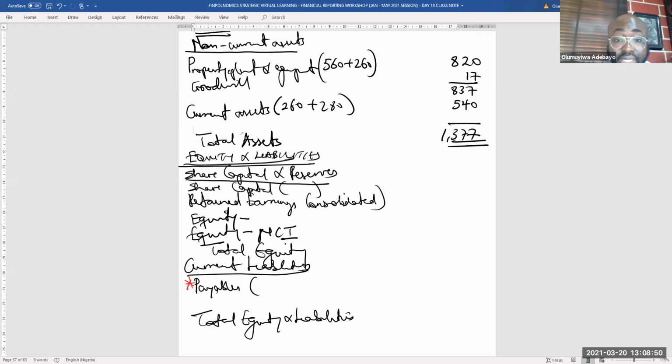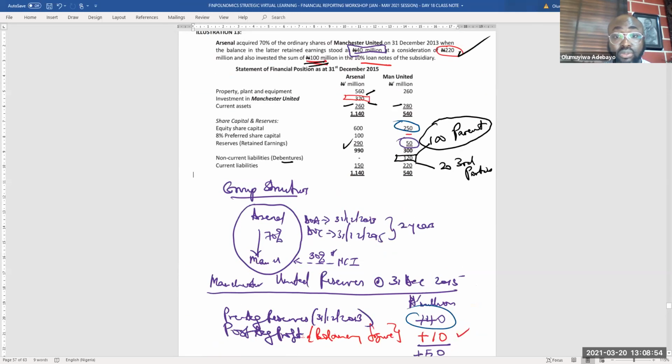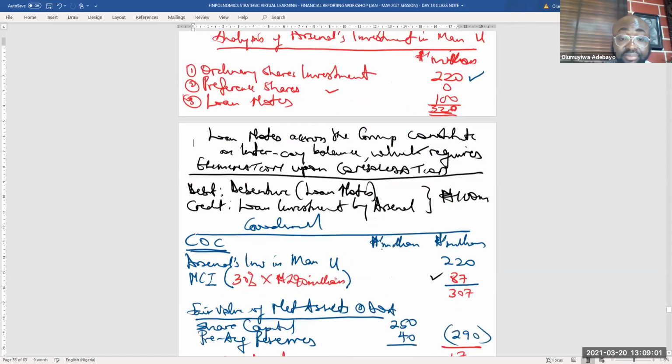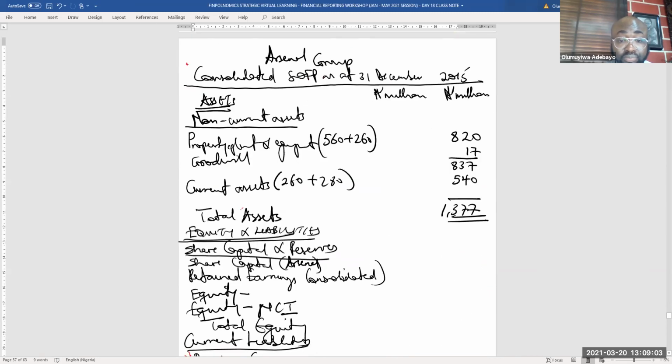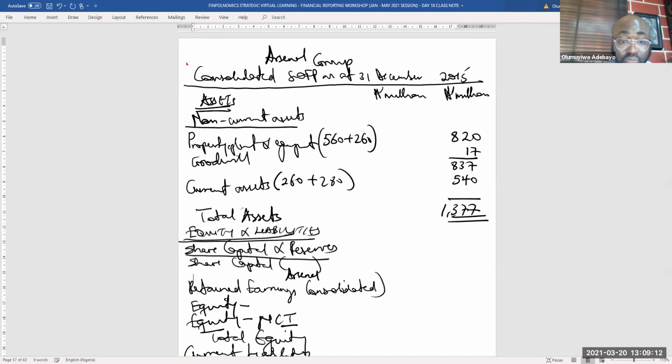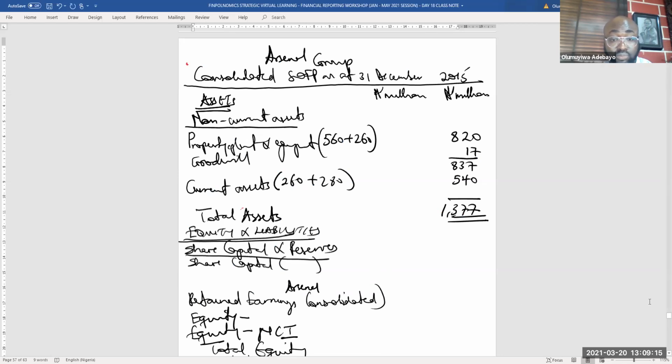Share capital, Arsenal, 600. 8% preference share, 100.